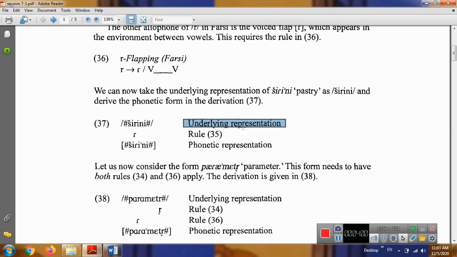It means the input of that sound, the raw form of that sound, when no rules apply on it, which we show in this way. At first we have a slash, and after that we have the word boundary symbol. After that we have the word, and after the word we have the symbol of the word boundary and a slash.